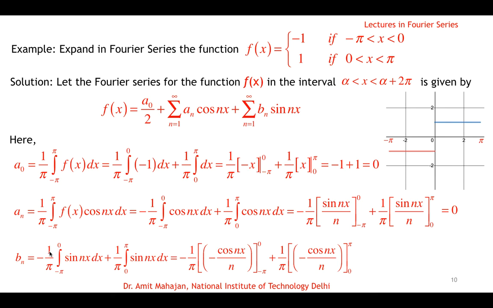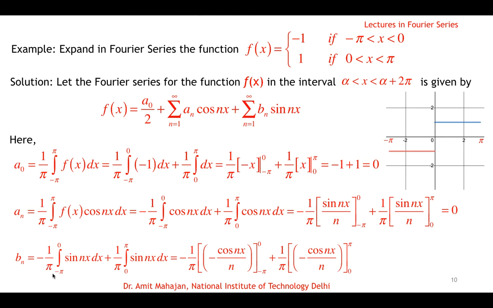So b n is 1 by pi integral minus pi to pi f(x) sin nx. Then we have to divide that into 0 to pi and minus pi to 0, and in minus pi to 0 the function value is -1.